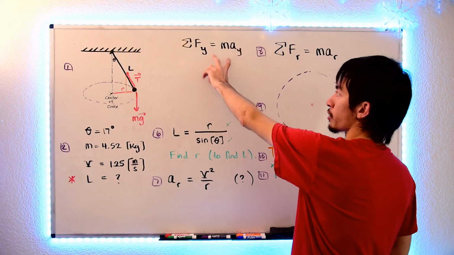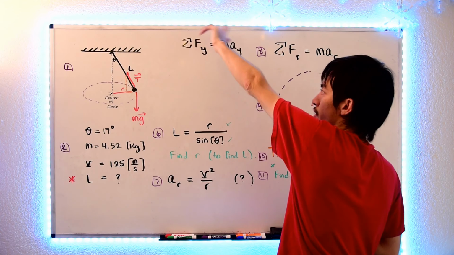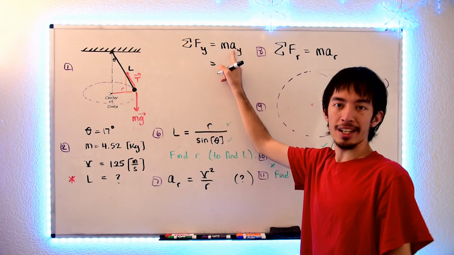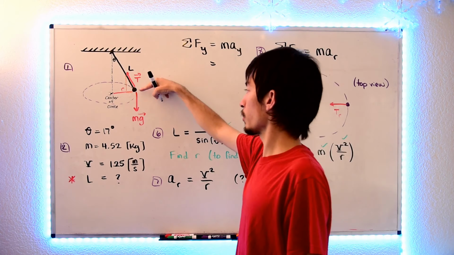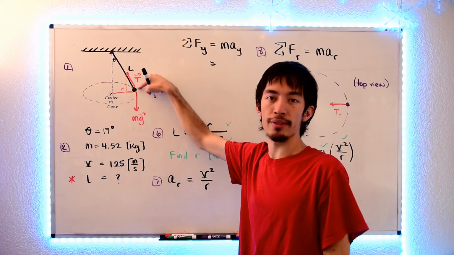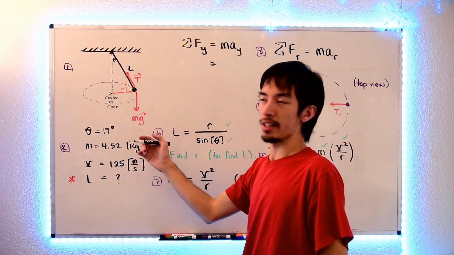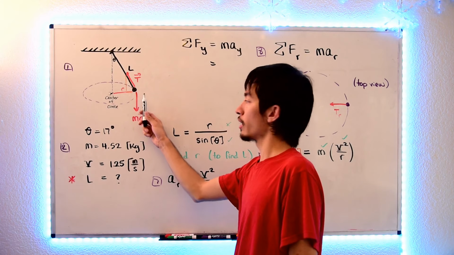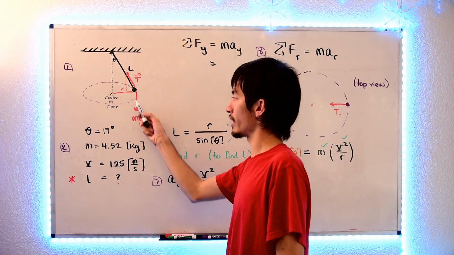Run through the same questions, but this time this has nothing to do with the circle, it's just up and down. Right side, do we have any acceleration? In other words, we need to consider the motion of this object vertically. Will this object attached to the string ever accelerate up or down?